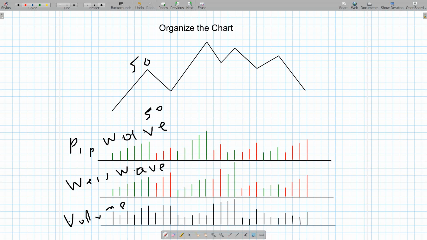This down move. Okay. So this is 50 pips.